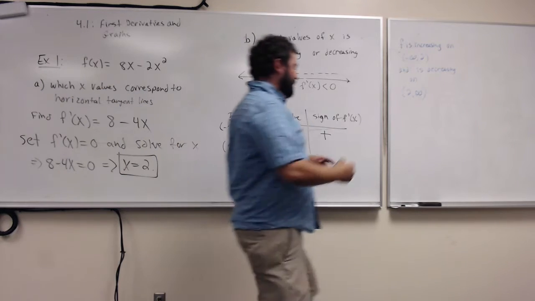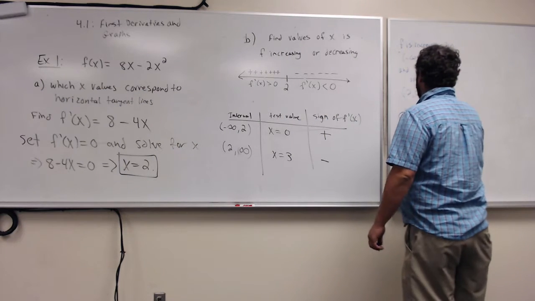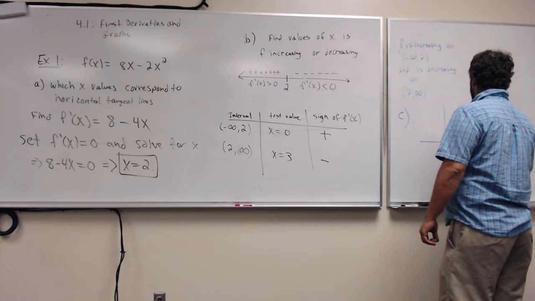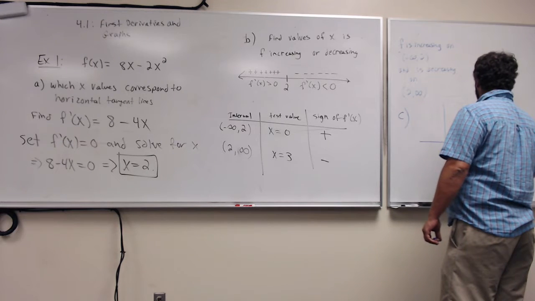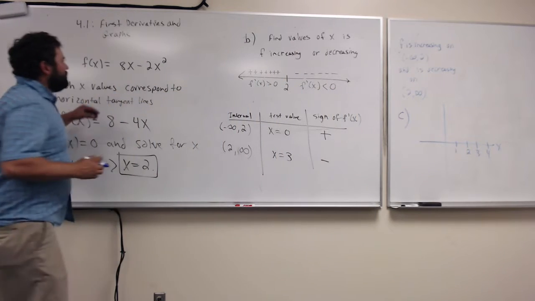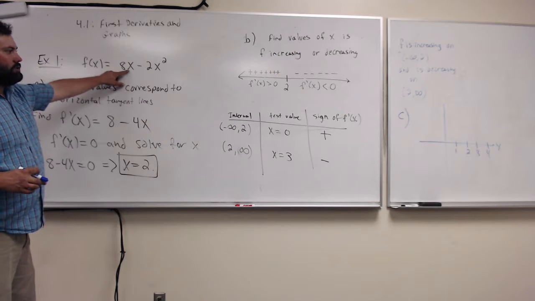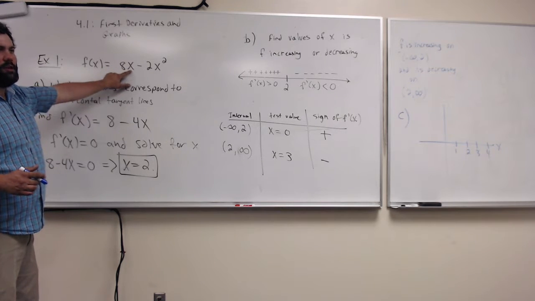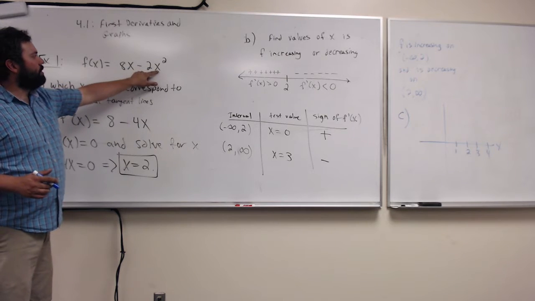So for part C, I think I said to sketch a graph. So here's what I'm going to do. I'm going to go 2 units to the right. I guess we'll go 1, 2, 3, 4 on the x-axis. Anybody know what you get if you plug 2 into the original function? 8 times 2 is 16, minus 2 times 4.